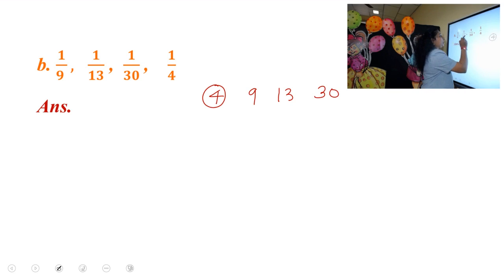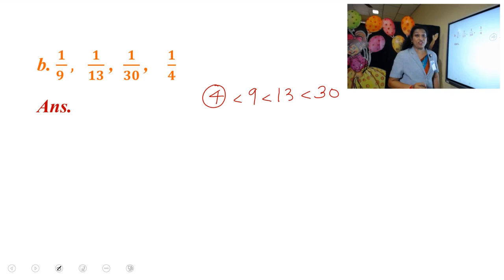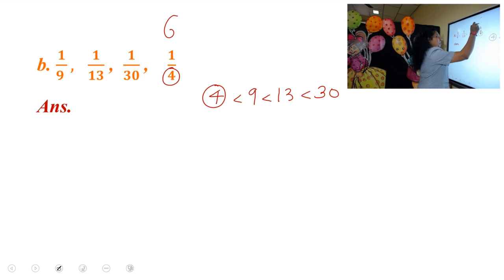When you write the numbers as such, 4 is less than 9 is less than 13 is less than 30. But when the numerators are the same, when we write as fractions, which will be greater? The fraction with the smaller denominator. This fraction is greater. Clear?